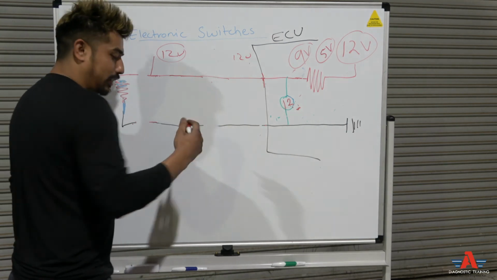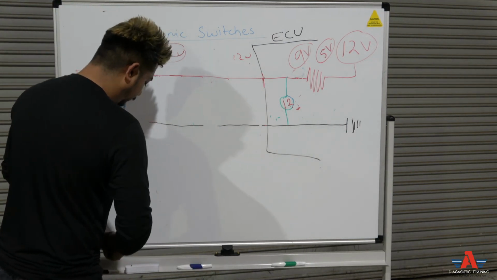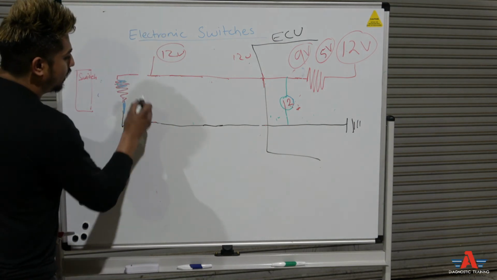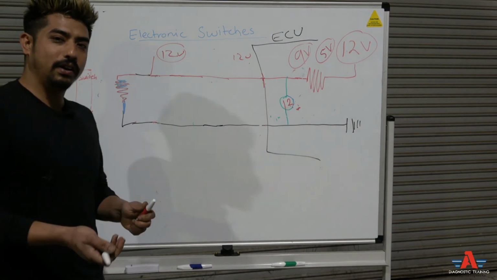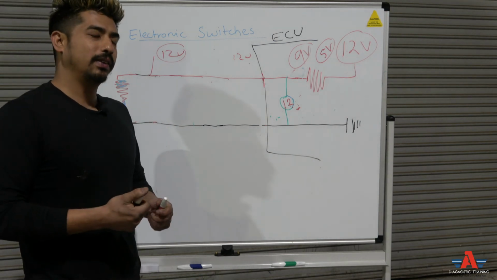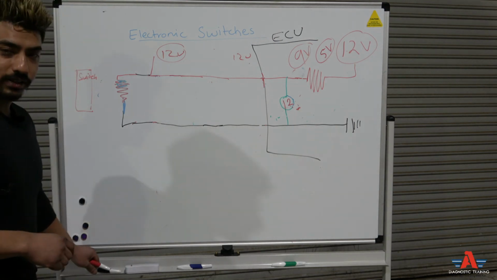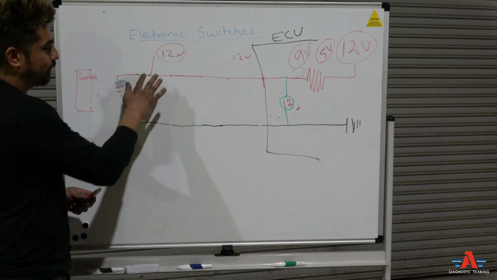Okay, now another scenario. Another scenario is the scan tool showing it's shorted to ground, or in this case the switch failure, something like that on the scan tool description when we short this wire together, right?